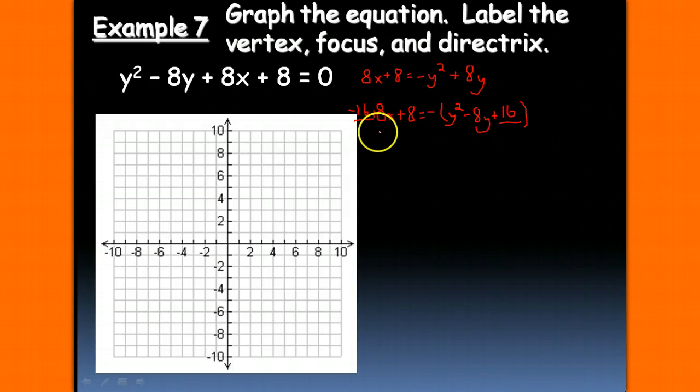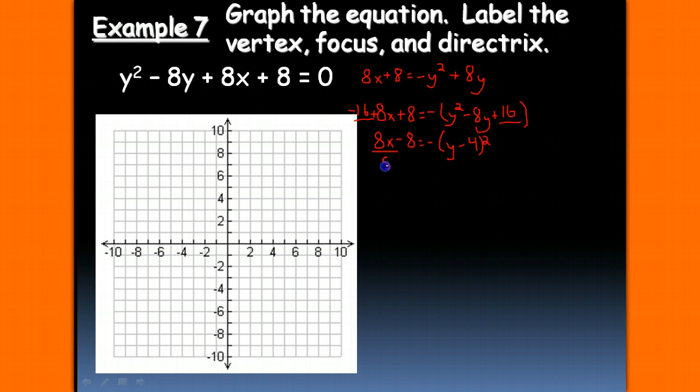Alright, so simplifying this, it's going to be 8x minus 8 equals a negative y minus 4 squared. Alright, well now we need to get this x by itself, so we need to divide everything by 8.